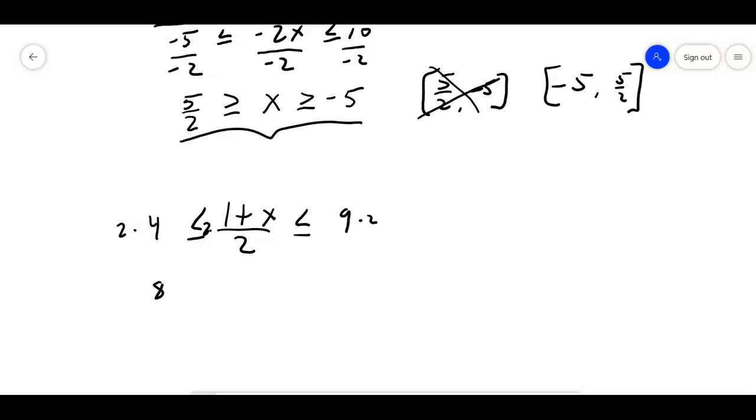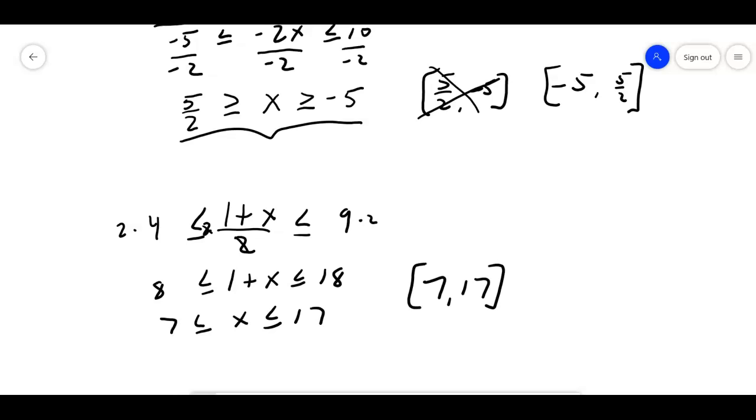So this is now 8. These 2's cancel. And this is now 18. Okay, and so now you're pretty much right back where you were before. All right, we're going to subtract 1. And that's it. So 7 to 17.